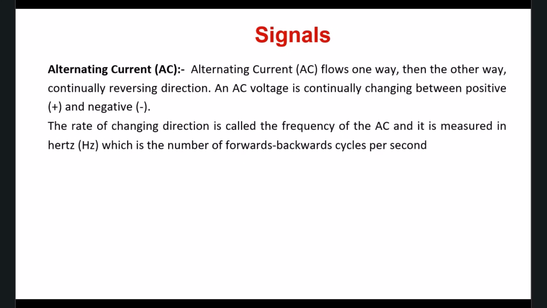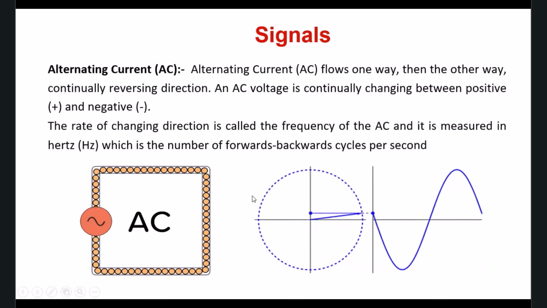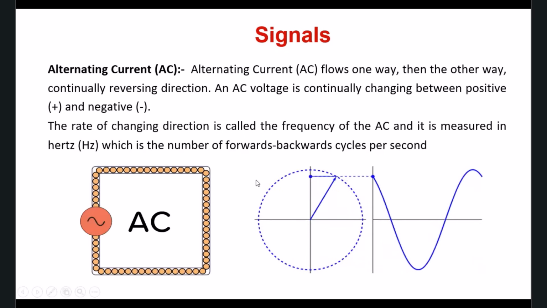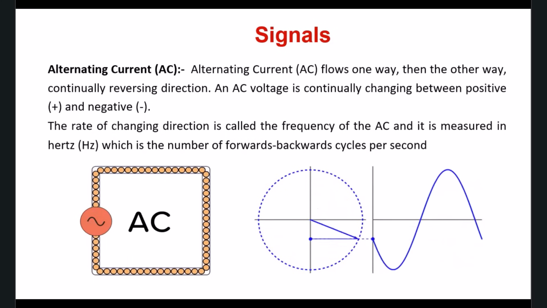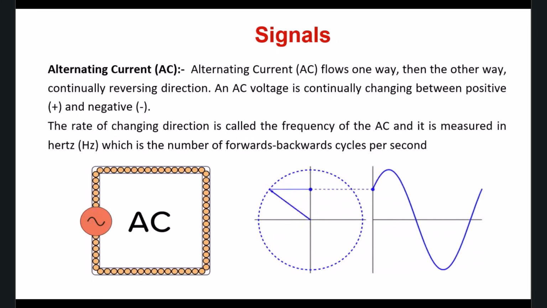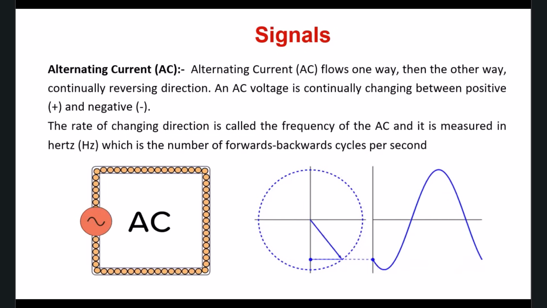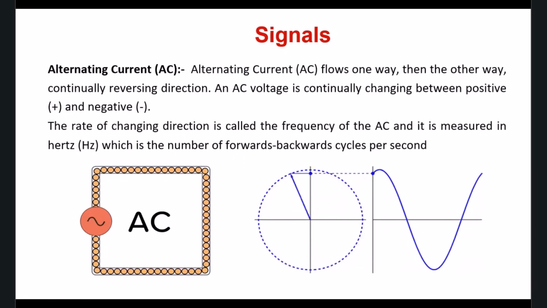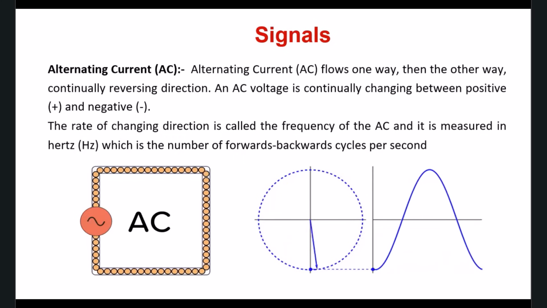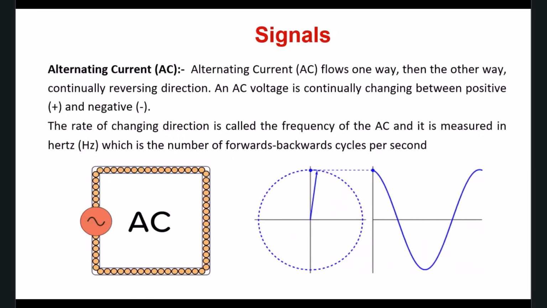Now, from the definition, it might be difficult for you to understand what exactly is the alternating current. To understand this concept, we can have the diagram. The definition says that the alternating current is a current which flows in two directions. You can see the first diagram where we have written AC.